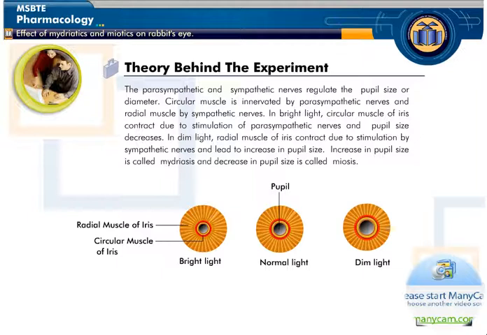In bright light, the circular muscle of the iris contracts due to stimulation of parasympathetic nerves and pupil size decreases. In dim light, the radial muscles of the iris contract due to stimulation by sympathetic nerves and this leads to an increase in pupil size. An increase in pupil size is called mydriasis. A decrease in pupil size is called meiosis.